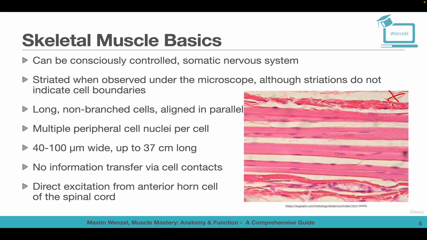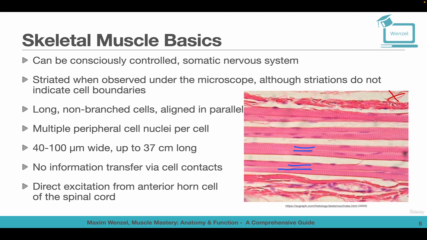The muscle cell itself is long and consists of non-branched cells which are aligned in parallel, as you can see here when you look at them under the microscope. So we will have multiple peripheral cell nuclei per cell.